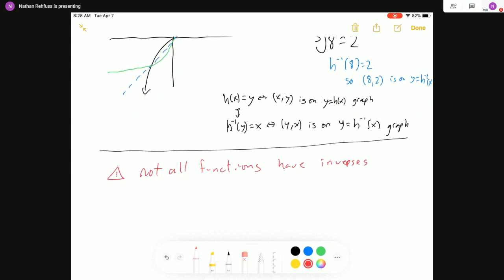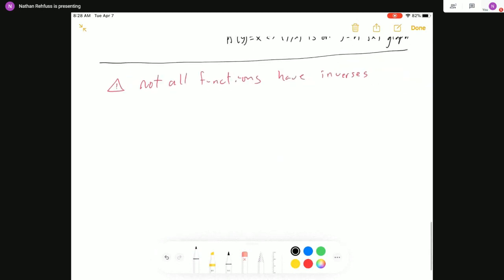Not all functions have inverses. And here's an example of one that does not have an inverse. If I say that f of x equals x squared, this is an example of a function with no inverse.